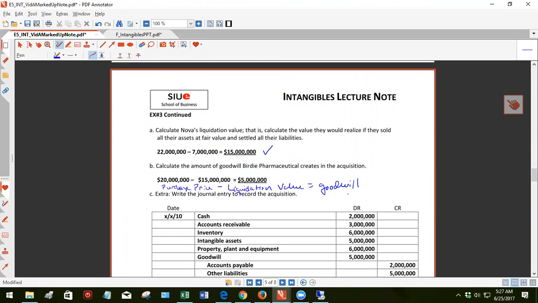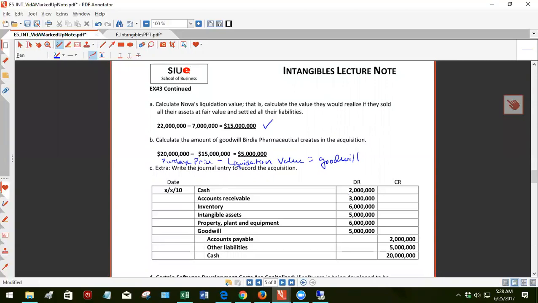But generally, in terms of corporate accounting, we got the purchase price pretty clear, and they're going to give us a $15 million value, net fair value of net assets. And we're just going to take this number. What we're talking about is once you have the number, what you do with it. Well, we have 5 million of goodwill. How does it work? Well, you put on all the assets at fair value.